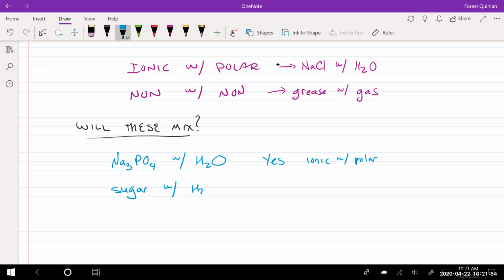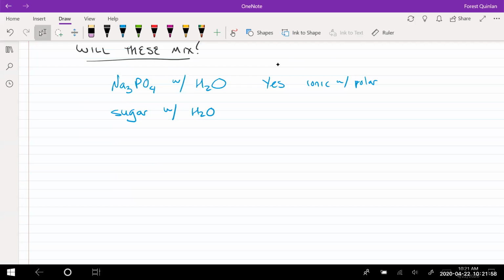What about sugar with water? Will these mix? Yes. Hopefully, obvious answer. Yeah, of course it will. But is sugar ionic? I have a C6H12O6 for sugar. No, it is not ionic at all.